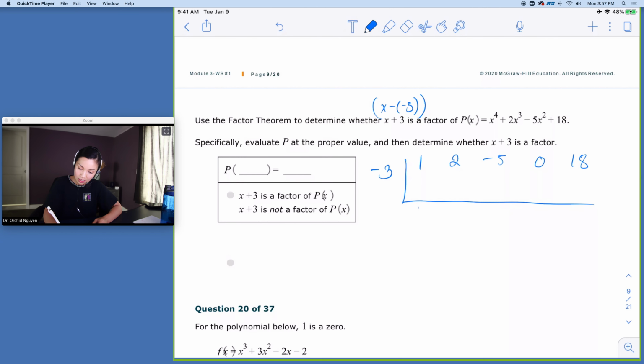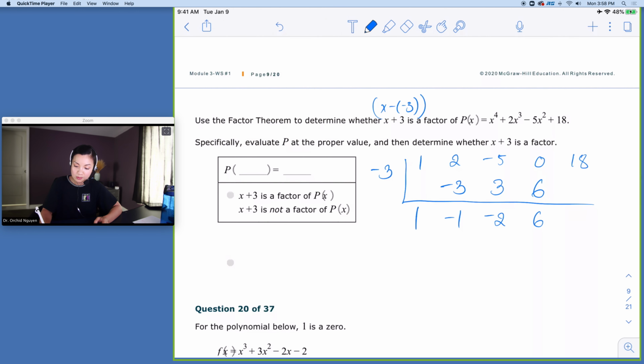Okay, same thing. I write down 1 because I just bring it down. Negative 3 times 1 is negative 3. That gives negative 1 here. Negative 3 times negative 1 is 3. Negative 5 plus 3 is negative 2. Negative 3 times negative 2 is 6. 0 plus 6 is 6.